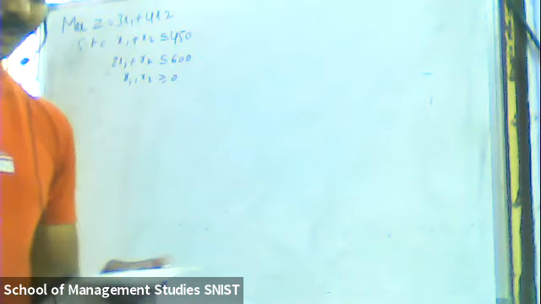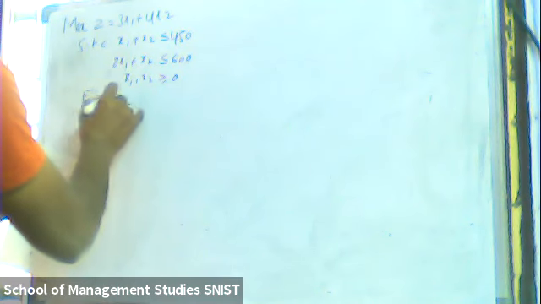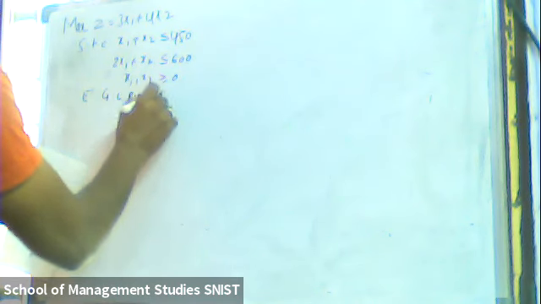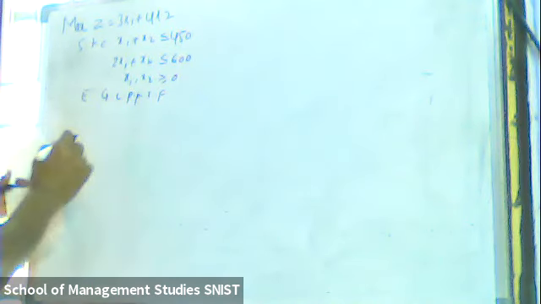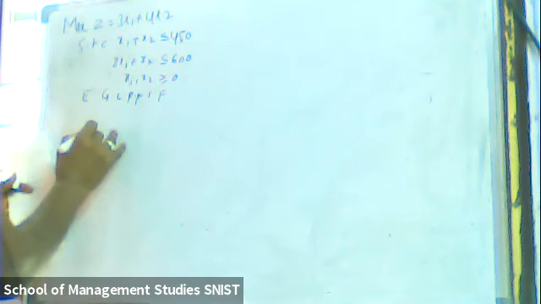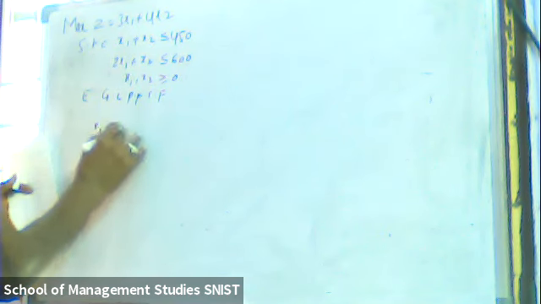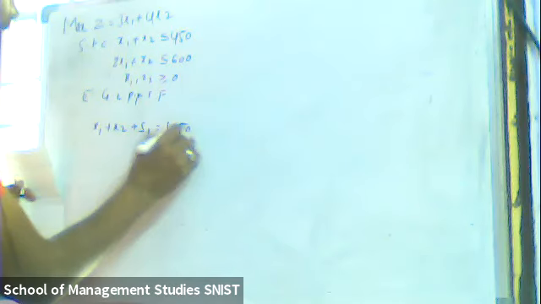What is the first step? The given LPP must be in standard form. So express the given LPP into standard form. Can anyone tell me the first constraint? x1 plus x2 plus S1 equals 450. Are there any negative right-hand side values?